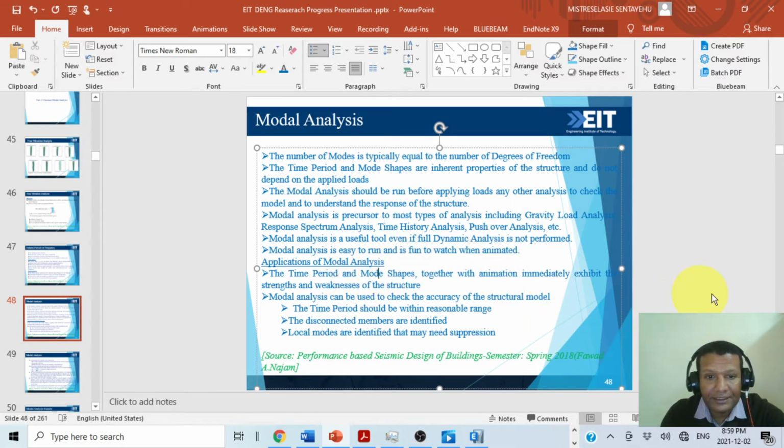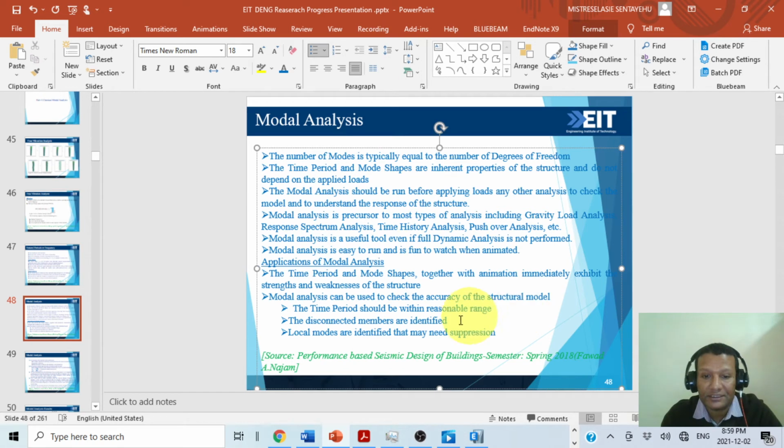Application of modal analysis: the time period and mode shapes together with animation immediately exhibit the strengths and weaknesses of a structure. Modal analysis can be used to check the accuracy of a structural model. The time period should be within a reasonable range. As I showed you, 0.1 times n, the number of stories, will give you the time.